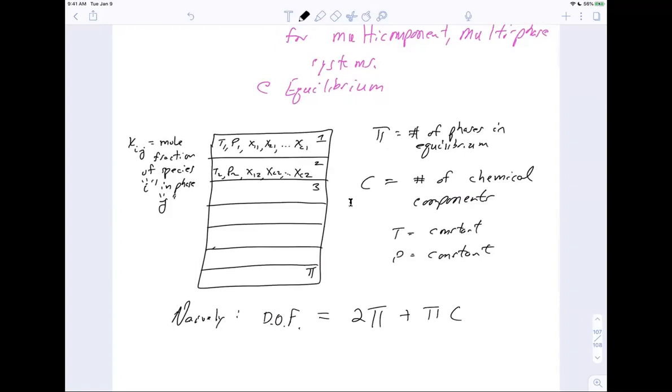So that's the naive way. If we had 10 phases, pi equal to 10, and 2 components, then we'd have what? 2 times 20 plus 20, 40 degrees of freedom. You'd be like, wow, that's a lot to choose from.